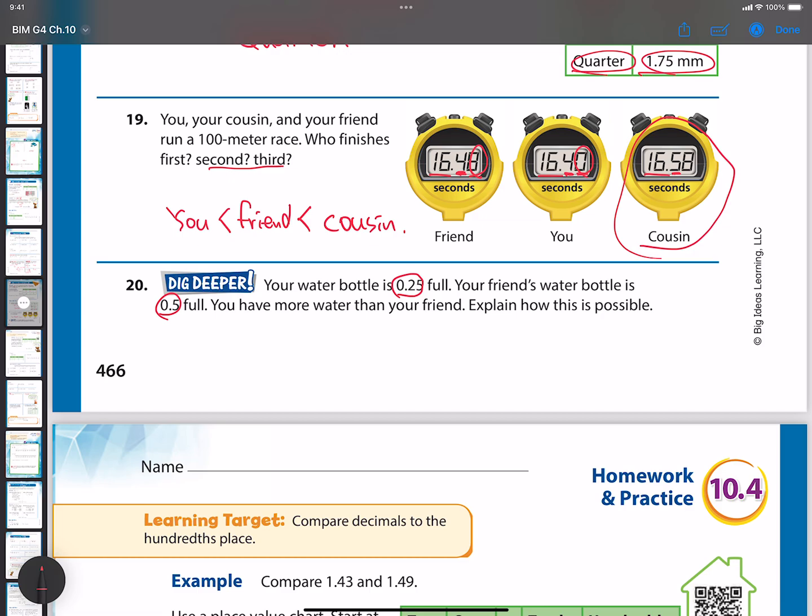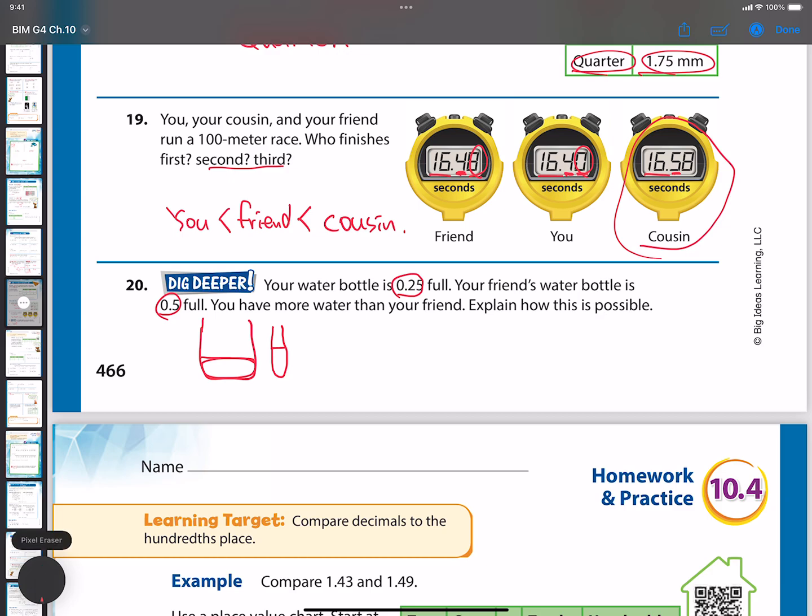But let's compare this way. Maybe Mr. Lee brought this big jar of water, and he has about 0.25 left. And then let's see, Mrs. Williams brought this small jar, and she has half of it. Okay, which one is greater? Yes, you cannot compare exactly because they have different sizes.